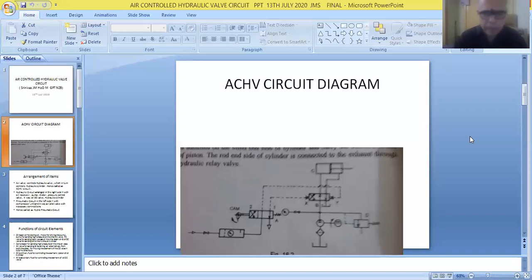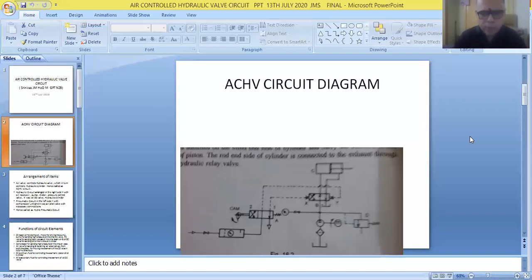Each and every circuit has its own advantages and disadvantages. So for obtaining the advantages and at the same time removing the disadvantages, both the circuits are clubbed together as a single unit, and it is referred to as a hydro-pneumatic circuit.